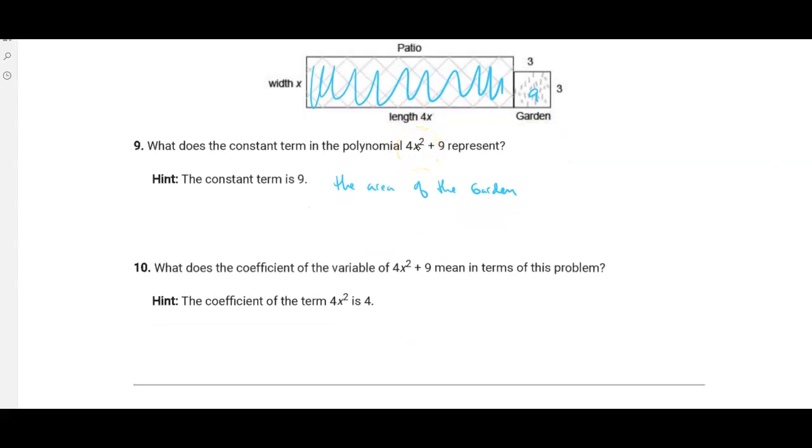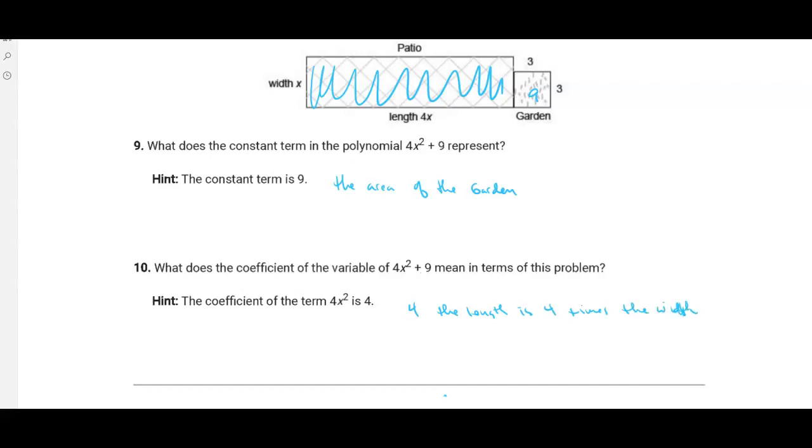Okay. What does the coefficient of the variable of 4x squared plus 9 mean in terms of the problem? Well, basically the 4 represents the length is basically 4 times the width.